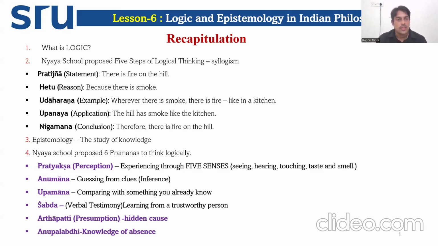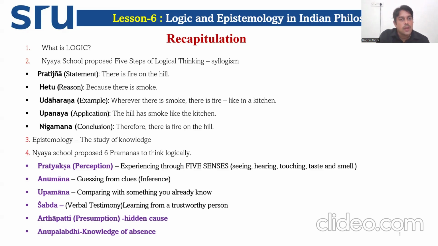And relating that reason to the example: how far are smoke and fire interrelated? While I was working in the kitchen, there was a fire, and it led to smoke. So wherever there is a fire, there is a possibility of smoke. As there is smoke, it is an indication that there is a fire on the hill.